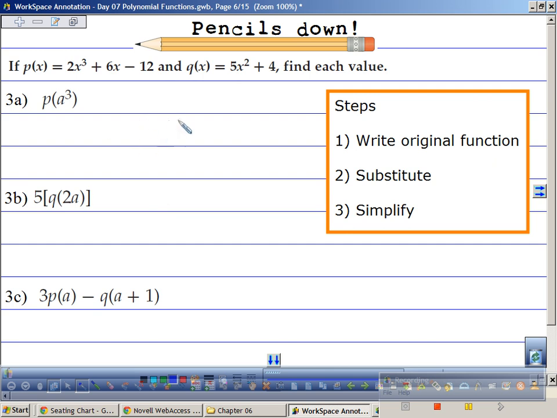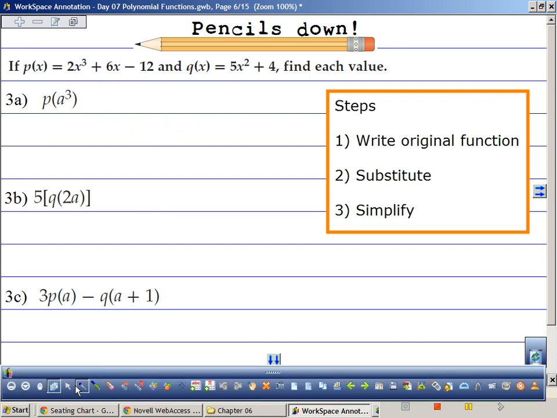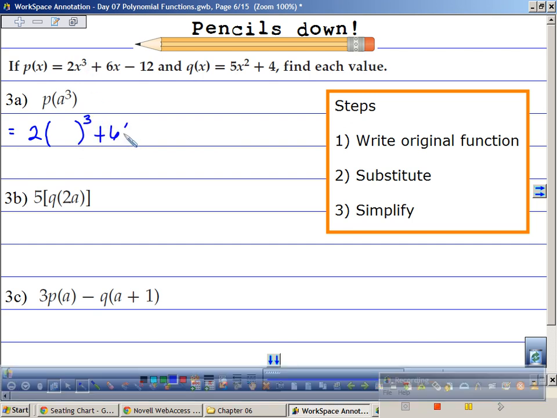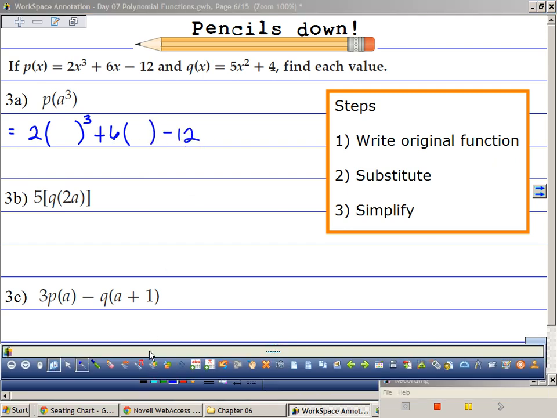The first thing I want to do is write out the formula for this pizza function. So this function is 2 times whatever we plug in for x cubed plus 6 times whatever we plug in for x minus 12.